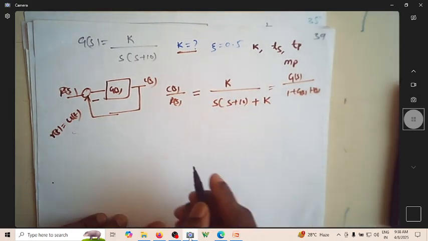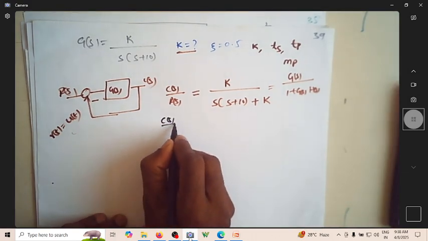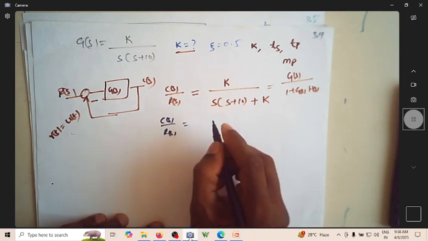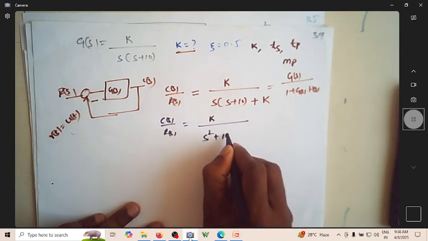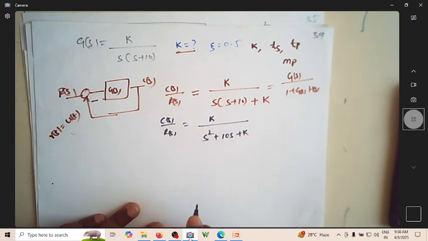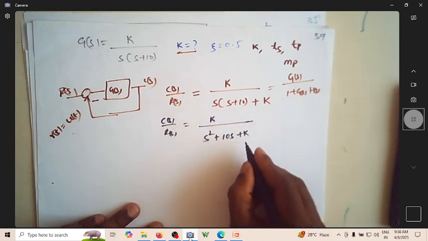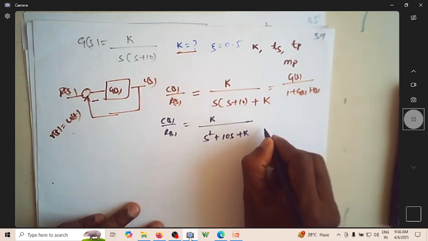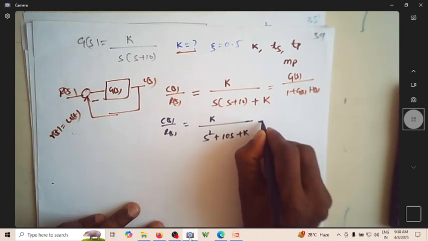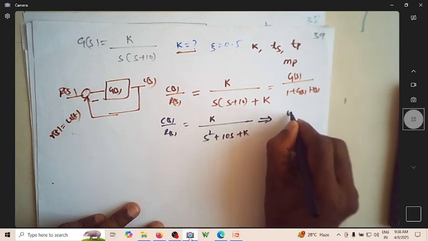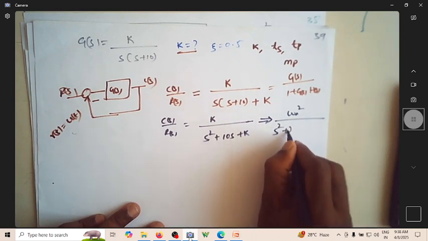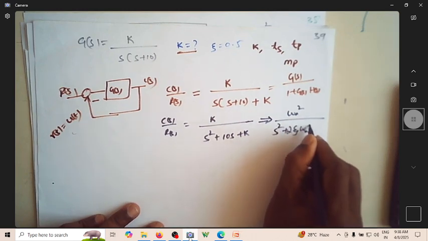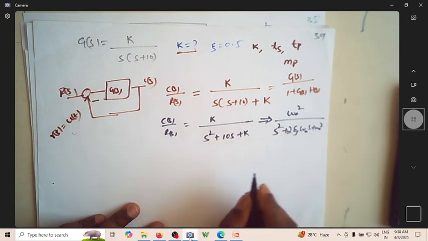Fine. Now let me write what C(s) by R(s) is: K by S square plus 10S plus K. Now this can be equated to the standard form of omega n squared by S square plus 2 zeta omega n s plus omega n square.